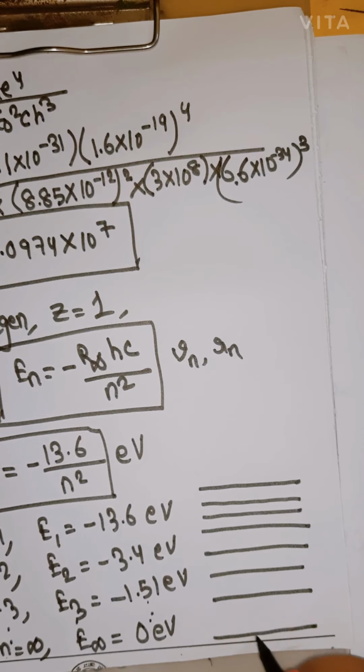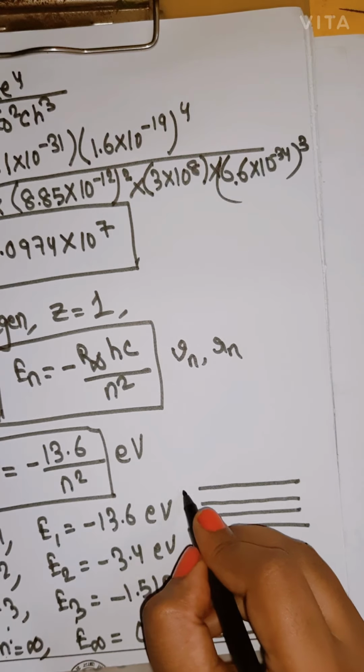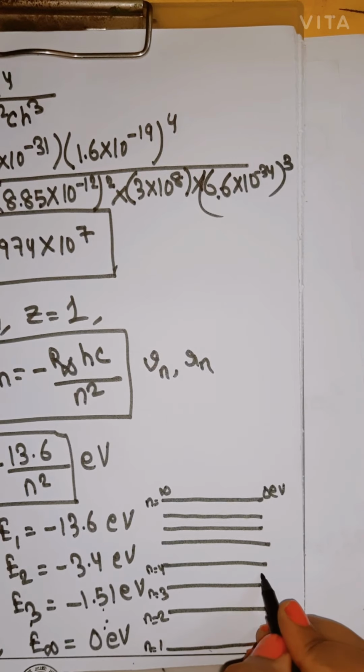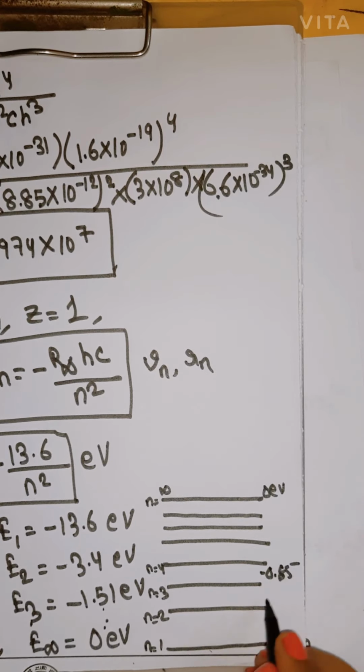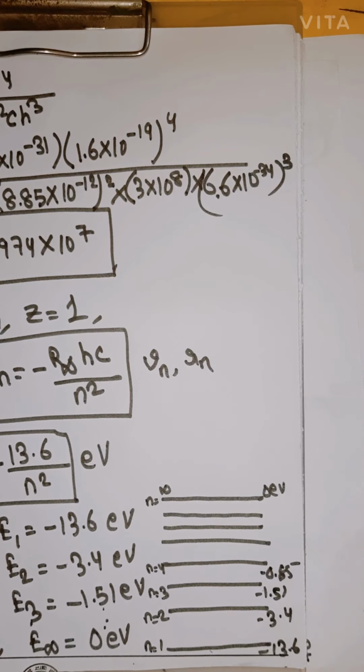the energy spacings increase, that is for n equal to 1, n equal to 2, n equal to 3, n equal to 4, dot dot dot, n equal to infinity: 0 electron volt, here we have minus 0.85 electron volt, minus 1.51 electron volt, minus 3.4 electron volt, minus 13.6 electron volt, and so on.